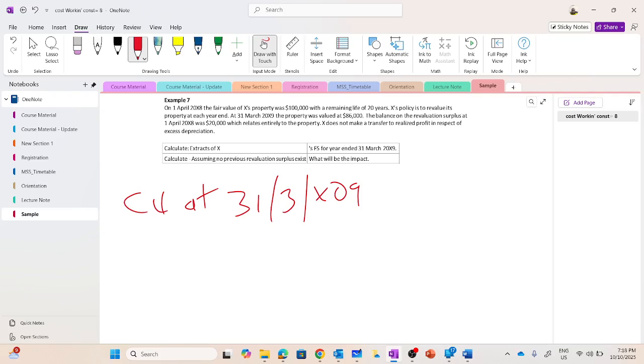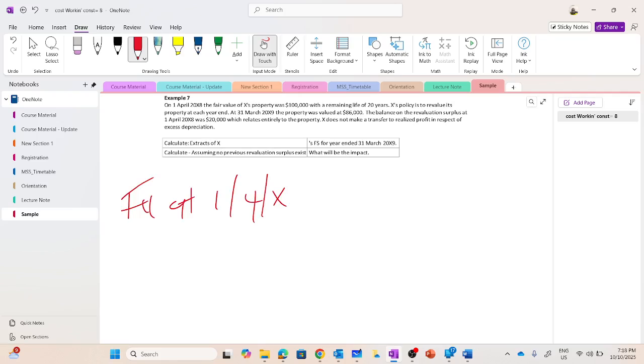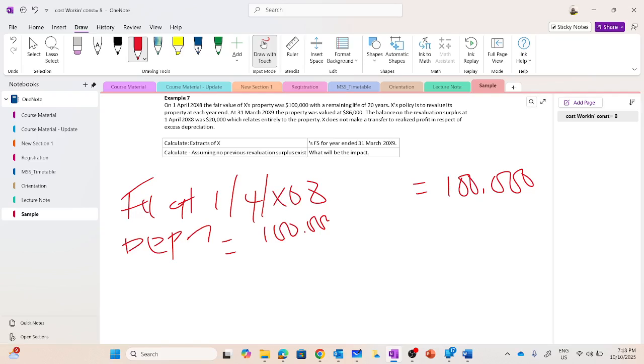So the fair value at 1st April 20X8 equals 100,000. Now we need to calculate the depreciation for the year, which is 100,000 divided by 20 years.